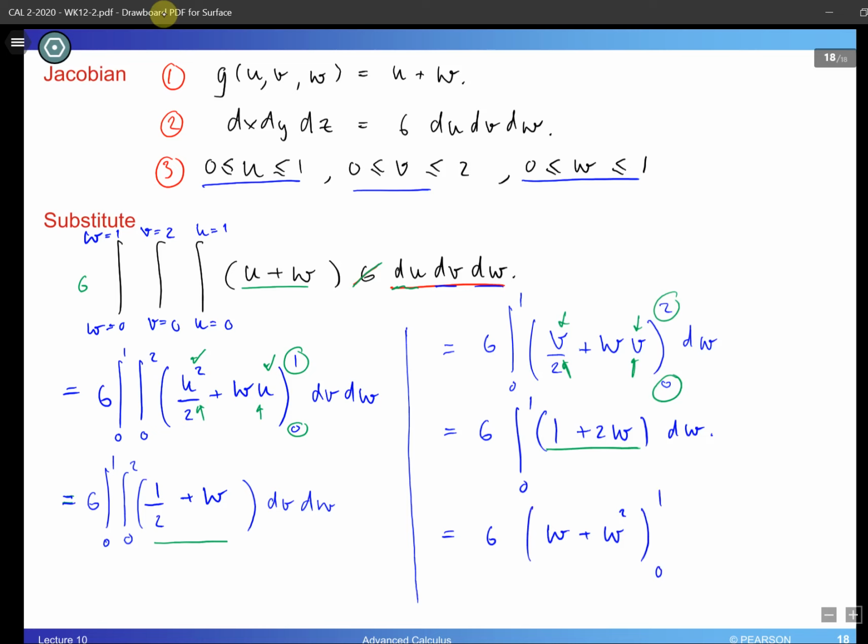When 1 goes in, we have 1 and 1, so this is equal to 2. Now 0 goes in and everything goes to 0, so I don't need to worry about that. In the end, I only have 6 times 2, which is equal to 12, and that is the answer for this example number 8.